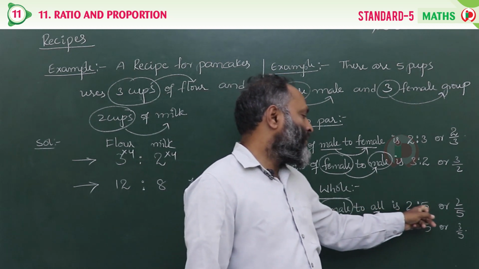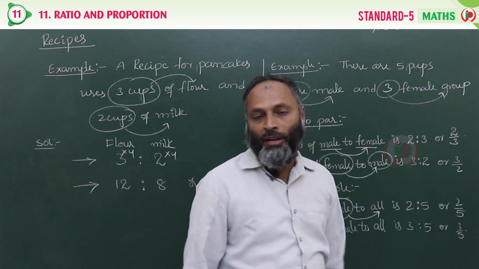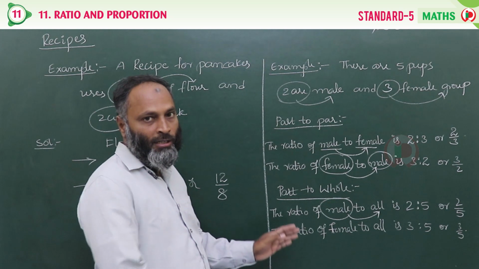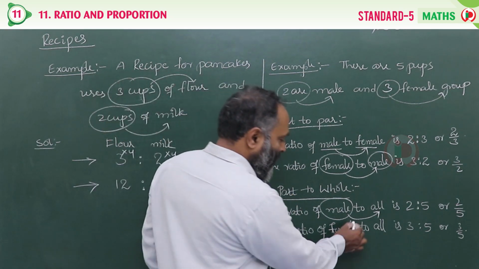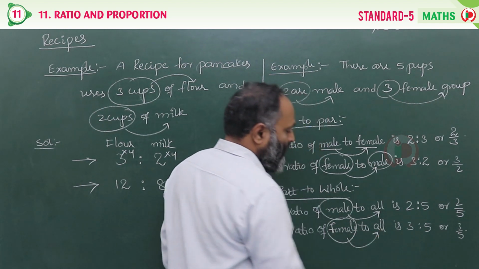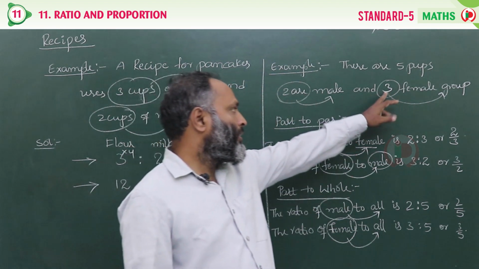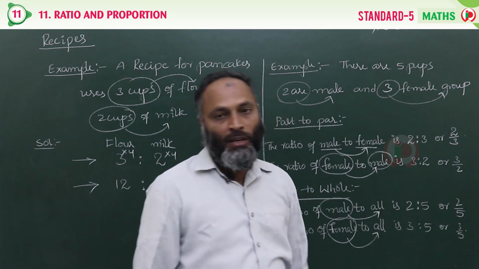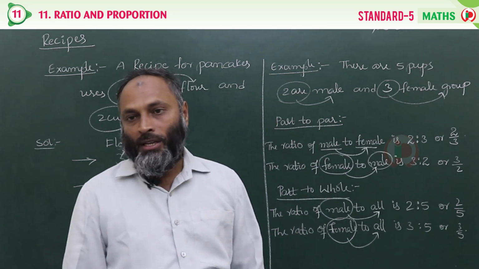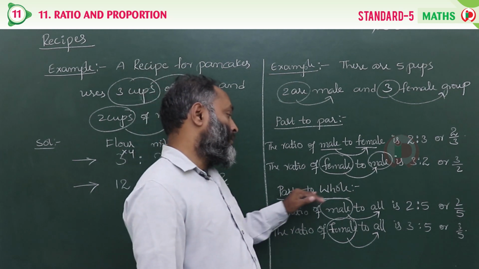So 2 is to 5, or 2 by 5. This is the comparison male to all. Now the ratio of female to all. How many female pups do we have? 3 is to all together, that is 5. Then 3 is to 5. So this is the comparison of part to whole.